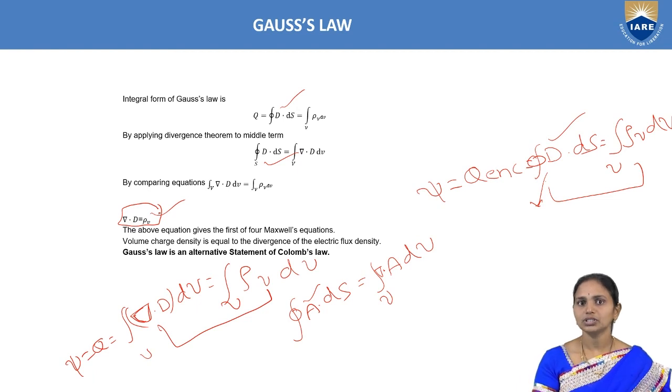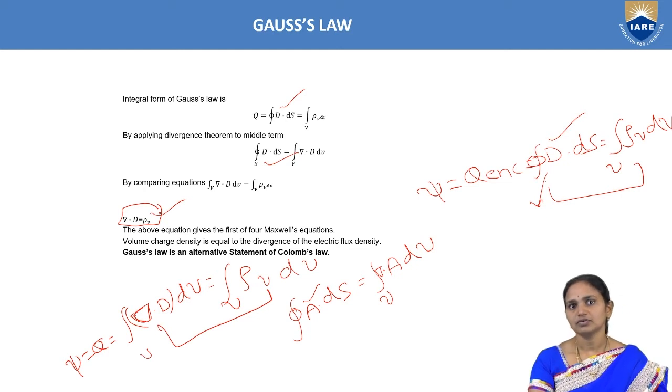Then, to compare both the terms, we convert the surface integral into a volume integral with the help of the divergence theorem. And finally, the equation obtained is del dot D equal to rho v, that we can take as the first of the four Maxwell's equations, the first Maxwell's equation for electrostatics.